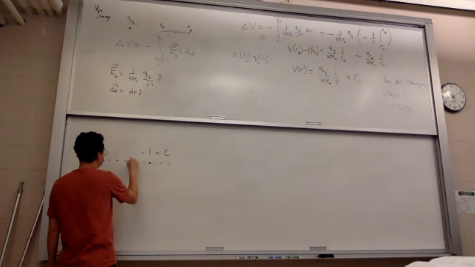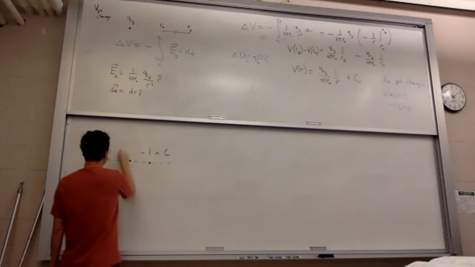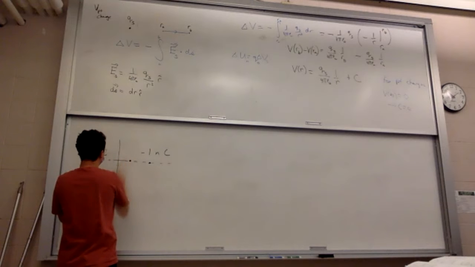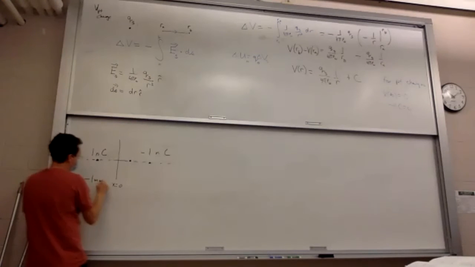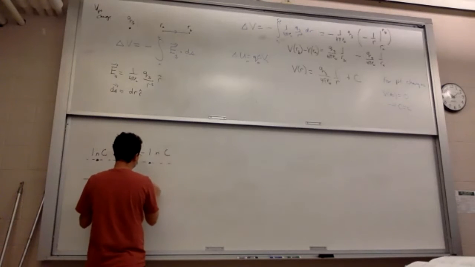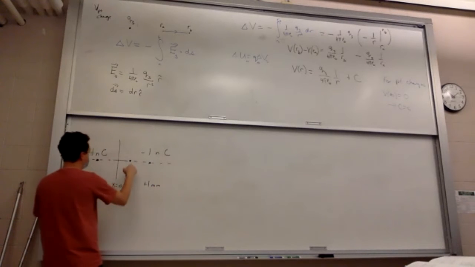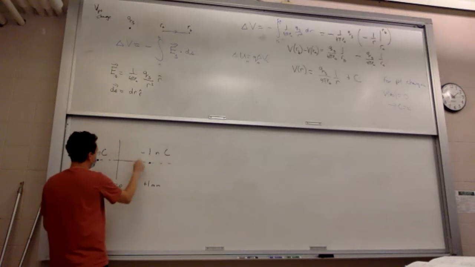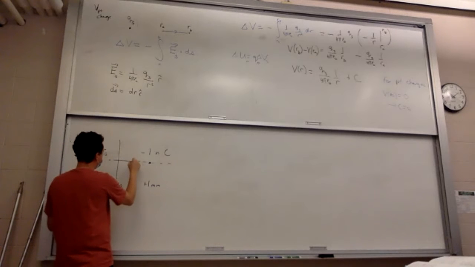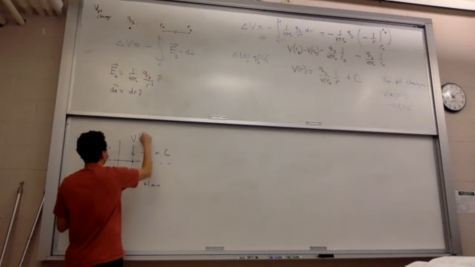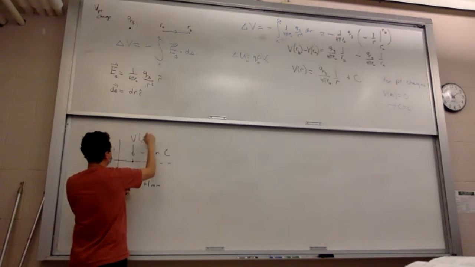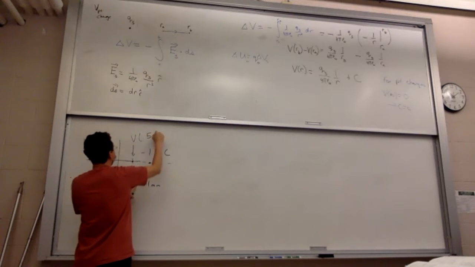Let's put the origin here, x equals 0. We'll say this is at negative 1 millimeter, and this is at positive 1 millimeter. And I want to know what V is at 0.5 millimeters.